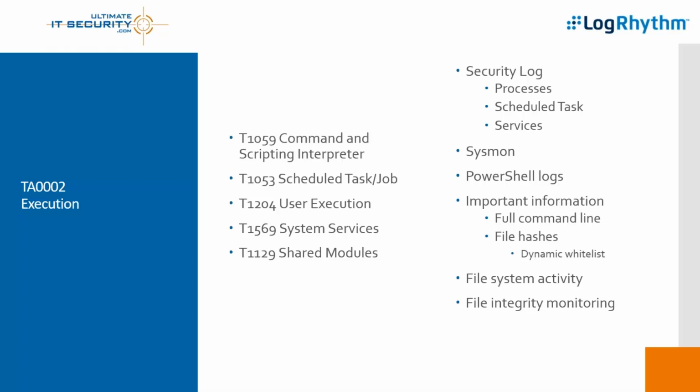Bad guys also achieve execution, that is the ability to run their malicious code and utilities, and basically to run ransomware itself. They might do that by running scheduled tasks, or they just, especially at the beginning, rely on the user to execute it.